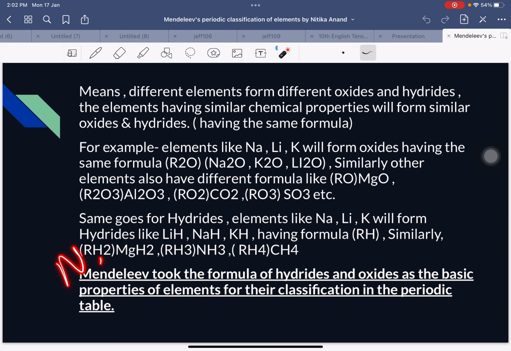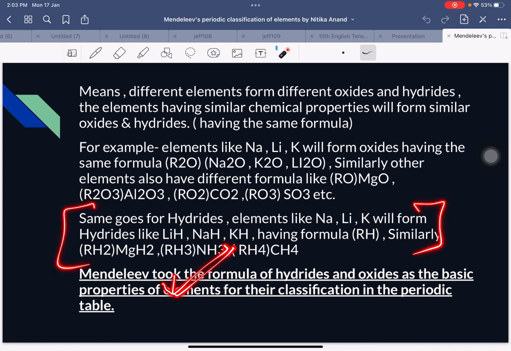For example, sodium will form a different oxide, magnesium will form a different oxide, sulfur will form different oxides, and so on. So he wrote different formulas, and he classified which element falls under which category. Elements like sodium, potassium, lithium fell in the category of R2O, whereas some elements like magnesium fell in the category of RO.